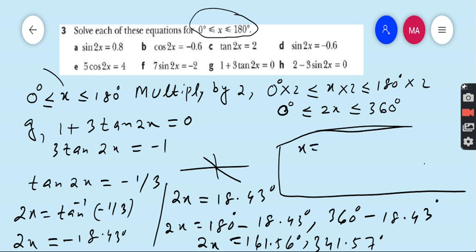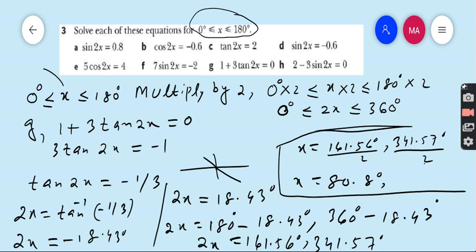Now divide both values by 2. 161.56 divided by 2 is 80.8, and 341.57 divided by 2 is 170.8 after rounding off.